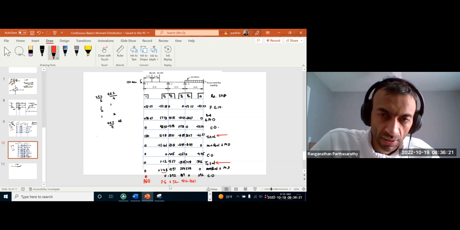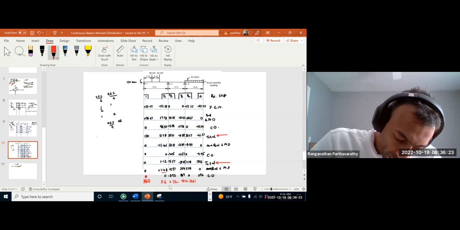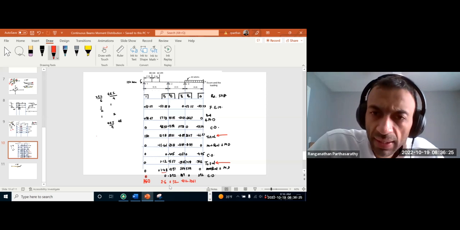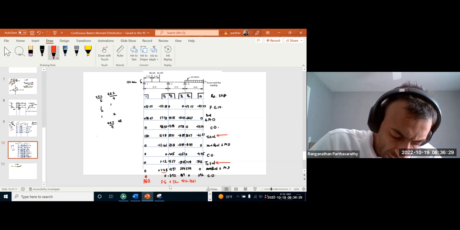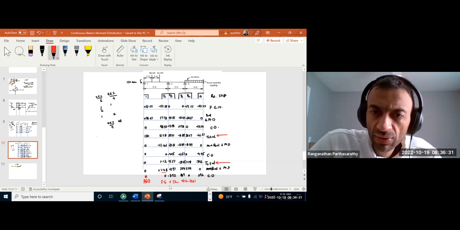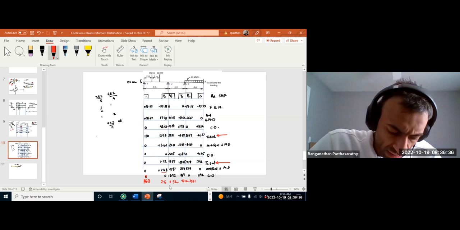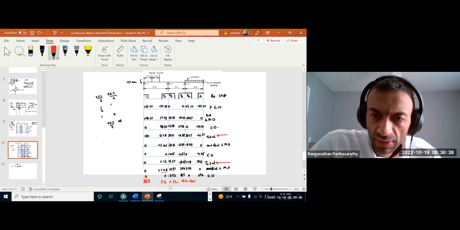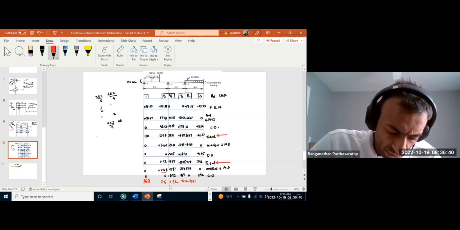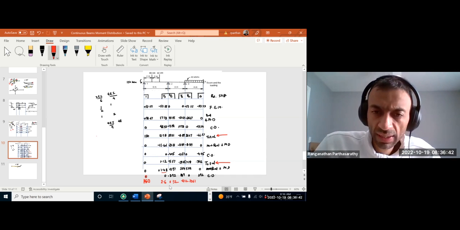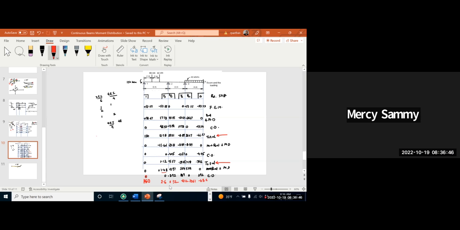And here, negative 53.33, negative 13.34, negative 4.45, positive 2.9, negative 68.2.